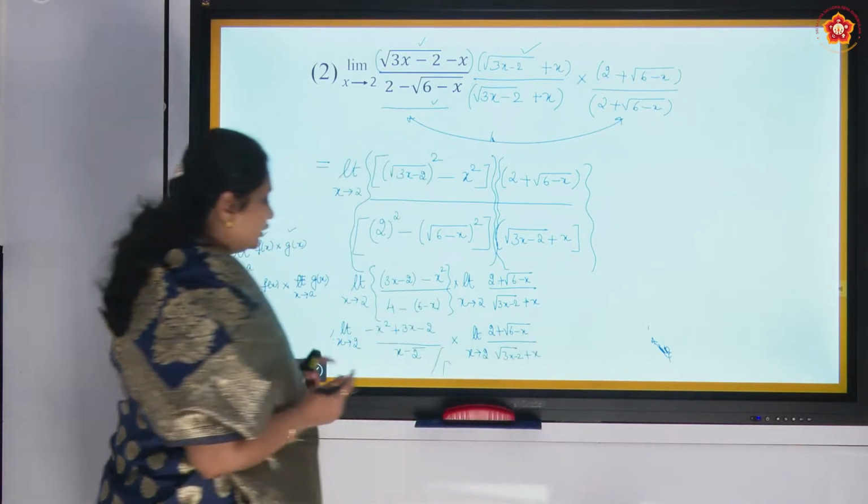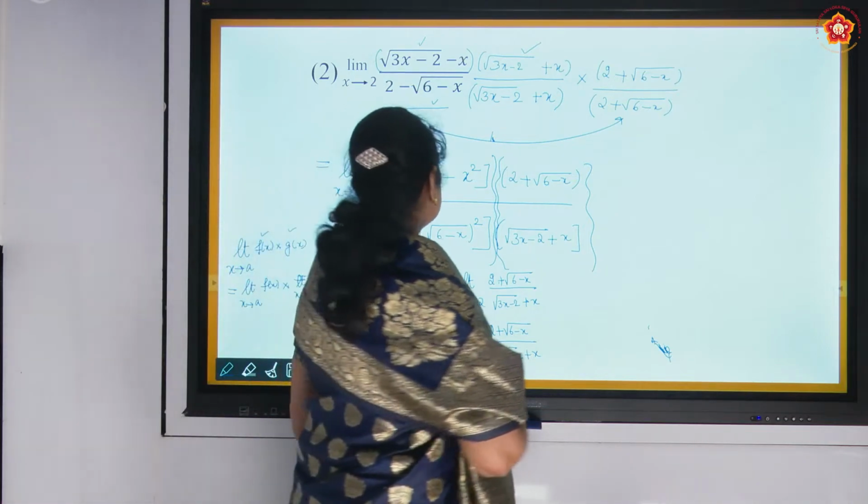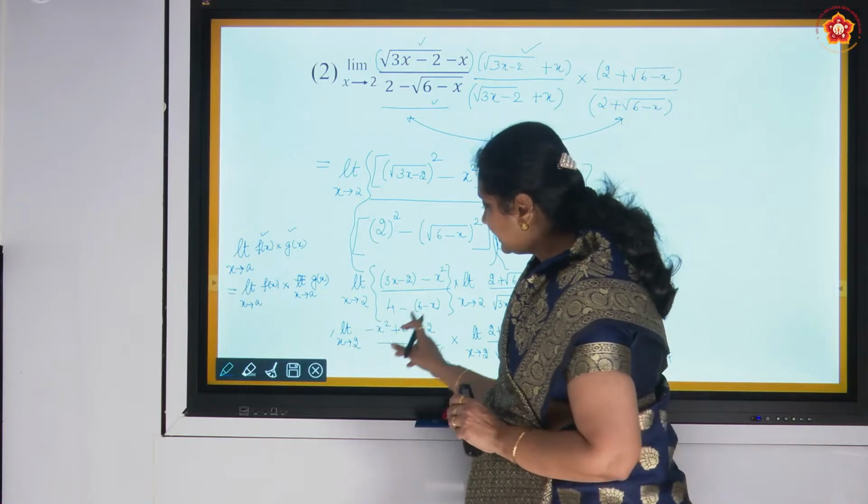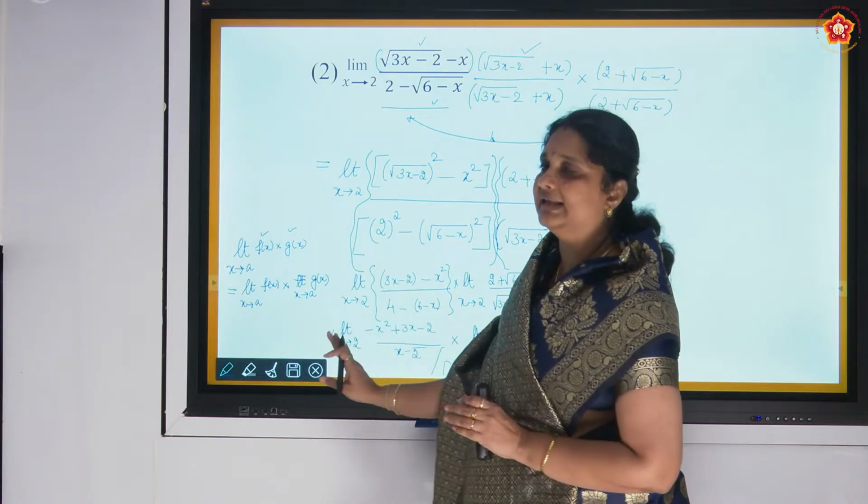Okay. Now, what happens to this function? Now, my x square is a negative term, which I don't prefer. I will take the negative outside to make it positive and then let's factorize it.